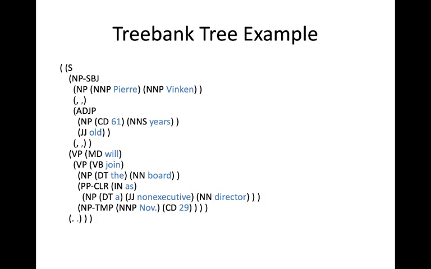So you've got S up here, and then you've got the things that S is rewritten as. NP subj, VP, and a period. An NP subj is an NP, a comma, an ADJP, and a comma, and so on down the line. So you can see pretty easily how this translates into context-free rules, right?